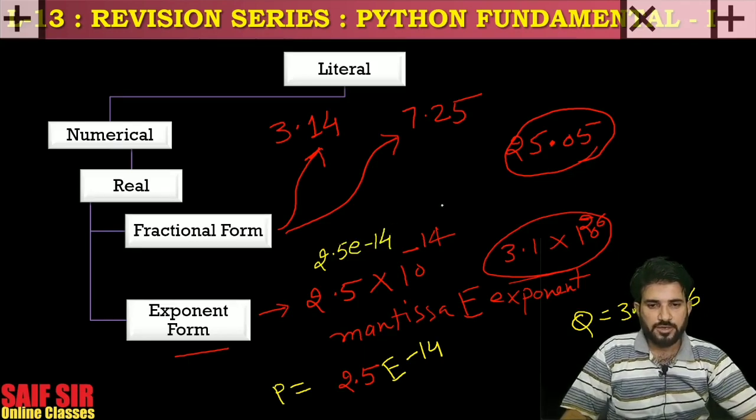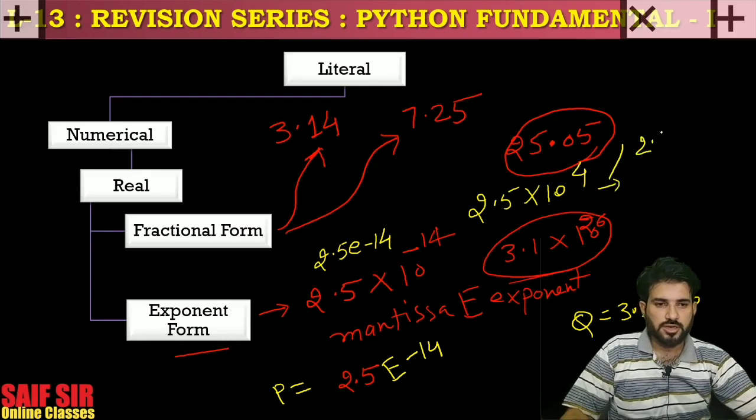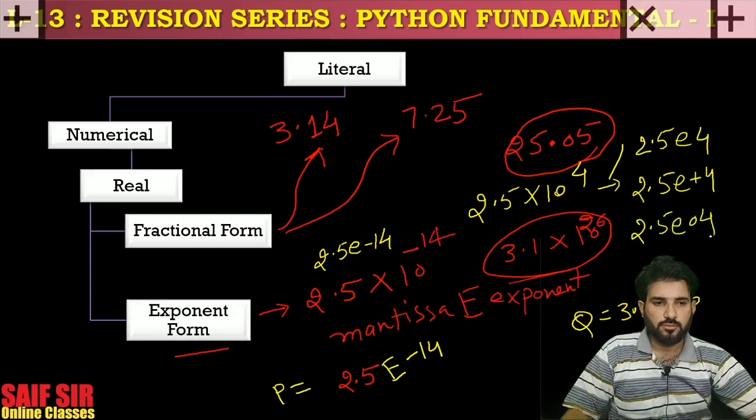Similarly, if it is 2.5 into 10 to the power 4, then you could write it either 2.5 E4 or 2.5 E plus 4, by default it is treated as positive, or 2.5 E04. So these are all allowed in exponent form.